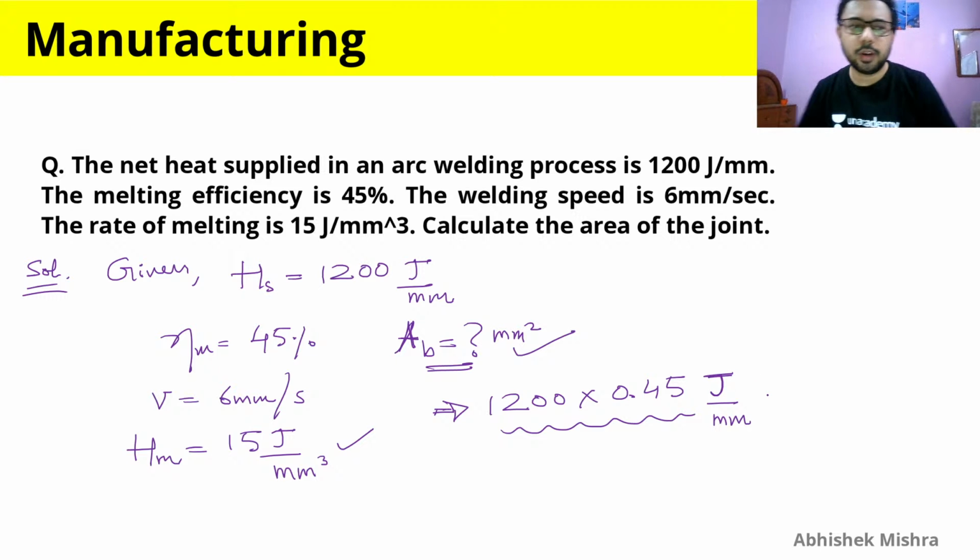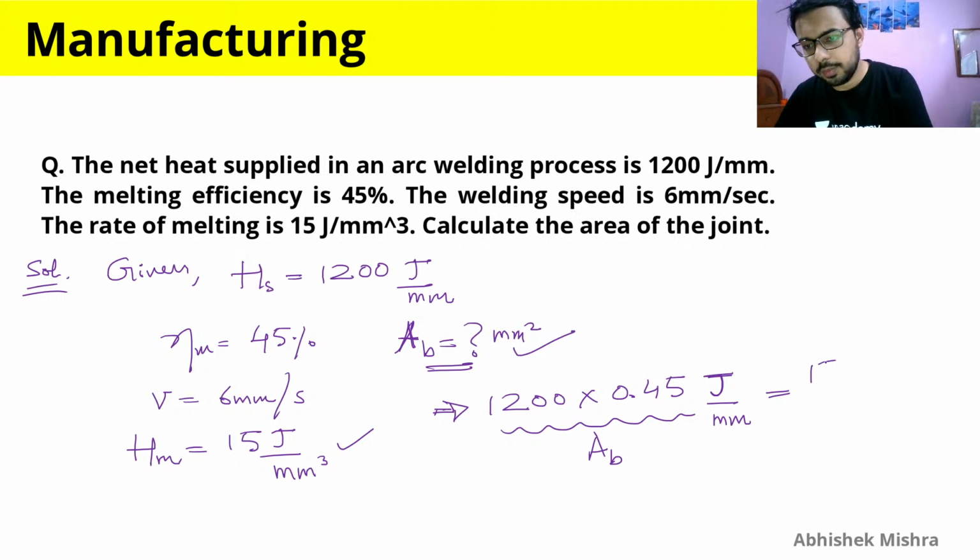And we have our rate of melting as 15 joule per mm cube. So what we will do here is simply divide by the area, so it will come out as joule per mm cube.